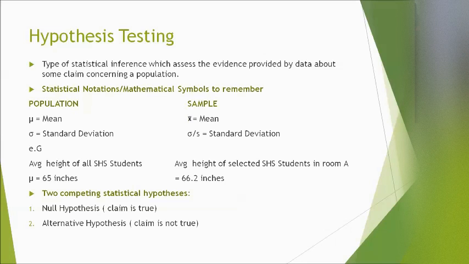There are two competing statistical hypotheses, which were mentioned earlier: the null hypothesis and the alternative hypothesis. The null hypothesis states that the claim is true, while the alternative hypothesis states the claim is not true.